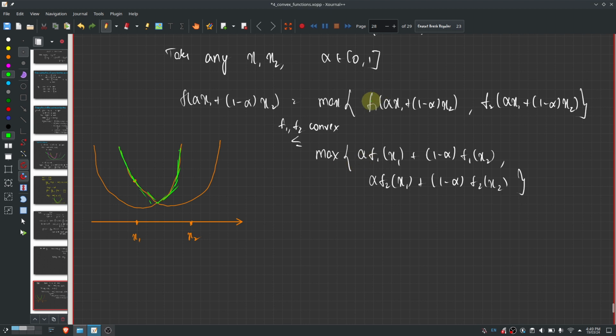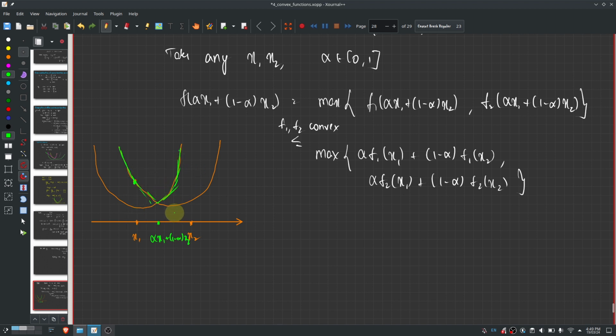If I look at f of alpha x1 plus 1 minus alpha x2, let's assume that this is alpha x1 plus 1 minus alpha x2.